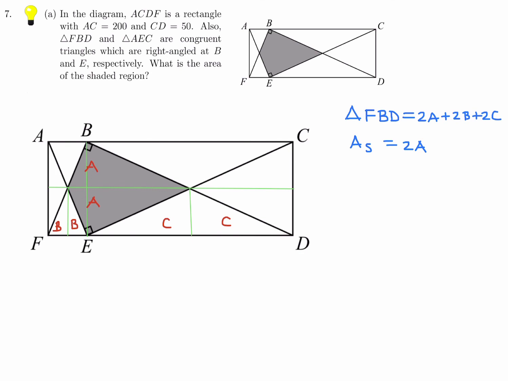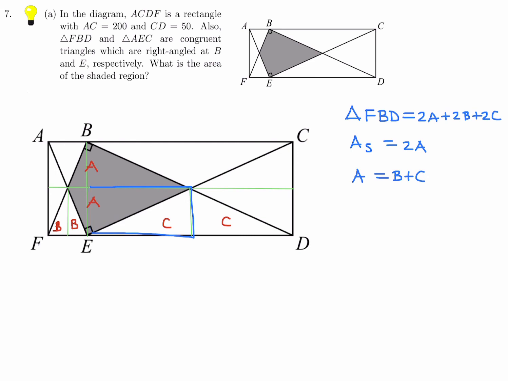Now, let's take a look at the fact of what is A in terms of B and C. I hope you can see that A is equal to B plus C. Because in this rectangle, when you draw a line, this part is equal to that part, right?